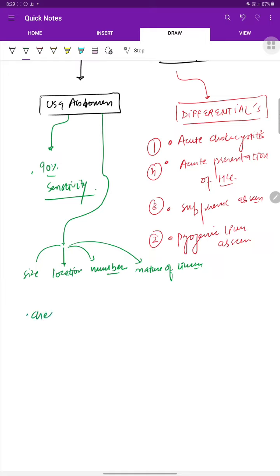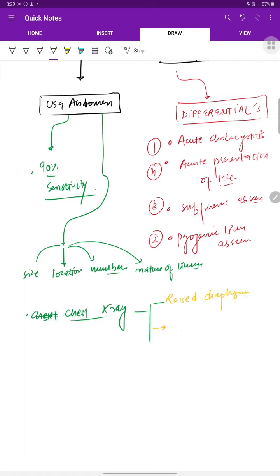Chest x-ray, we always do chest x-ray, and the findings may be a raised diaphragm.